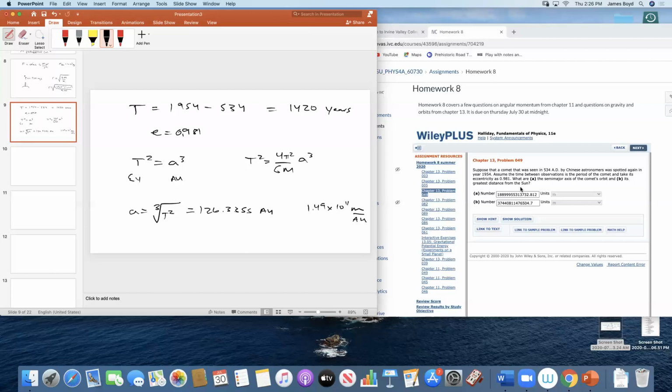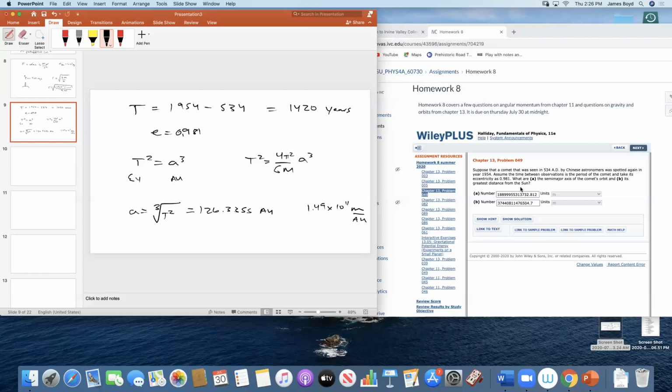So 126 times 1.5 is 189 exactly, which is about what they got. I don't know what they're doing rounding wise or whatever. But their number is 189 times 10 to the 11th meters.